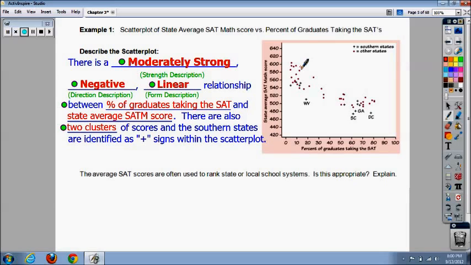So if we focused on, let's say, these schools here, these highest scoring schools, that they're not Southern schools, I know for a fact that that top one right there belongs to Iowa. Okay, and why do you think Iowa scores the best?